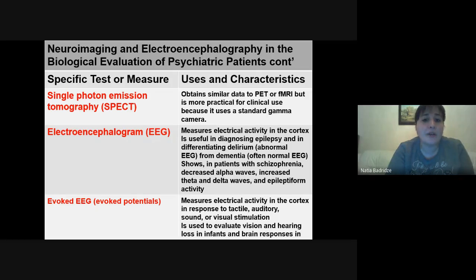We know that there are decreased alpha waves and increased theta and delta waves during schizophrenia, and EEG will show us these characteristics. So this is also a very informative measurement procedure to identify schizophrenia.